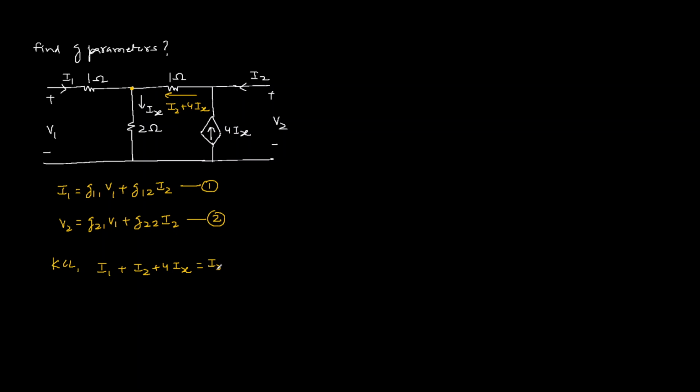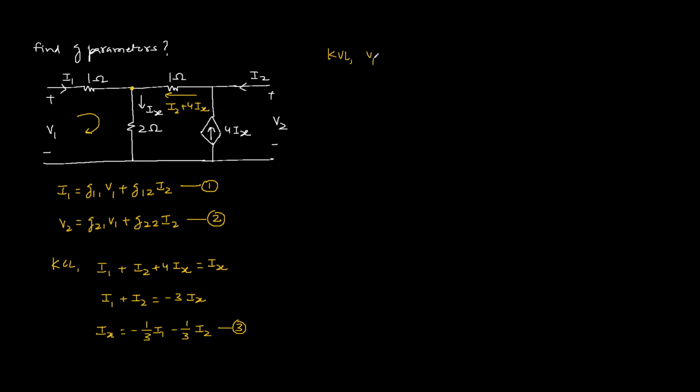So I1 plus I2 plus 4Ix equals Ix, so I1 plus I2 is Ix minus 4Ix, which is minus 3Ix. So I can write Ix as negative 1 over 3 I1 minus 1 over 3 I2. This is equation 3.